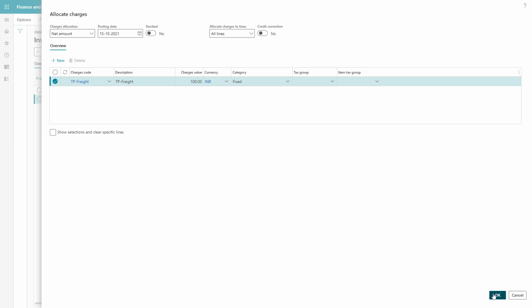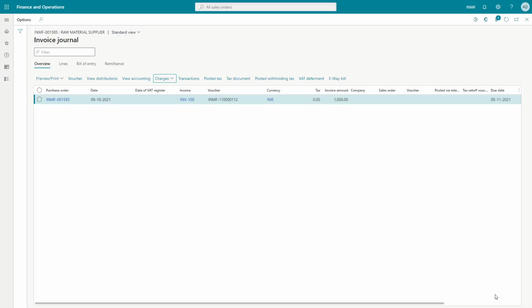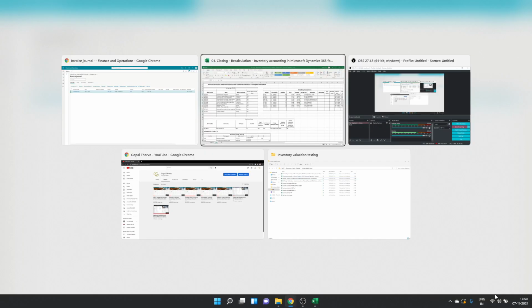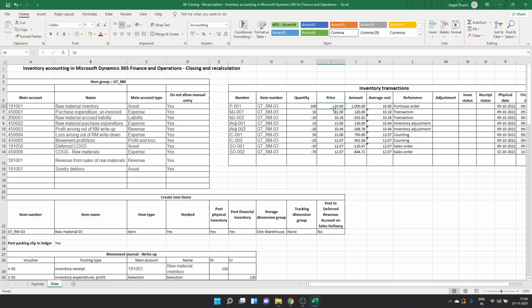Okay, and once I click OK, so once I post this, what will happen to inventory transactions? In inventory transactions, those 100 bucks will be loaded on this particular inventory transactions. And in inventory transactions, it will be shown in the adjustment column.